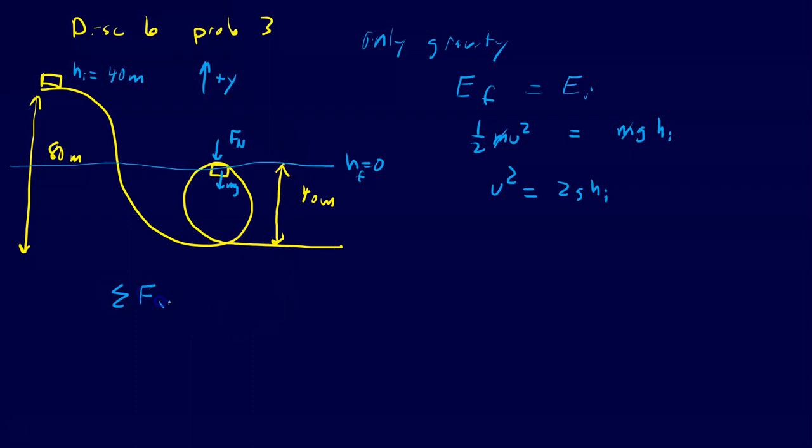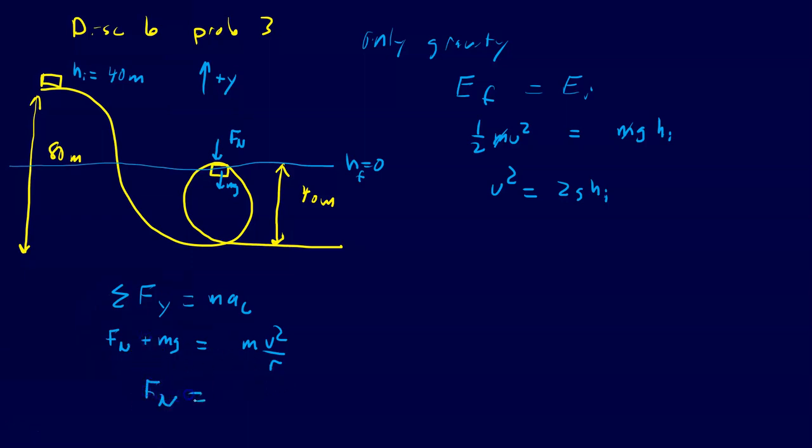So I can do my sum of the forces in the y direction, and my centripetal acceleration is pointing in towards the center of the circle. And so I'll say negative Fn minus mg equals negative m v squared over r. Since these are all negative, I can multiply by -1 and make them all positive, just to make life a little easier.